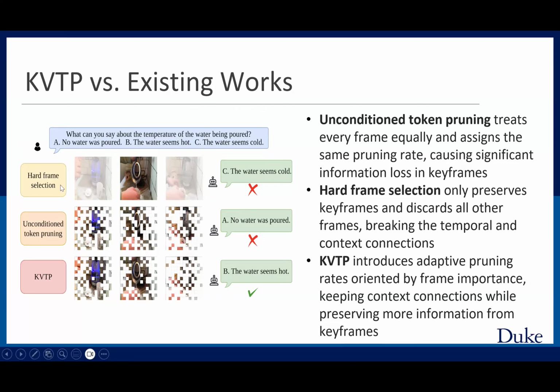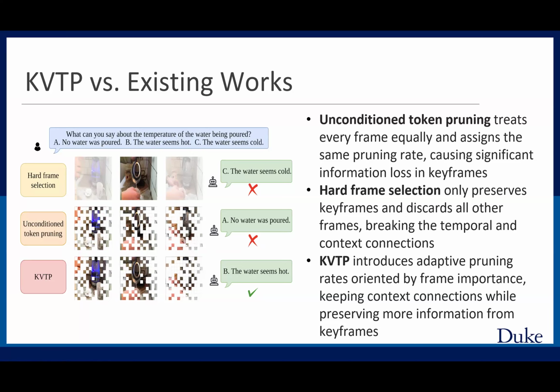Another one is called hard frame selection, which primarily focuses on the frames and preserves only the key frames and discards all the others. So as you can see, both methodologies have limitations, right? Token pruning causes significant information loss in those key frames because the information offered by different frames is not equal. Well, for keyframe selection, it breaks the temporal context and connections across different parts.